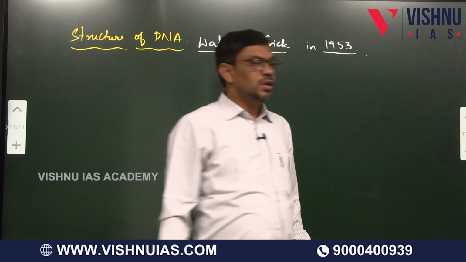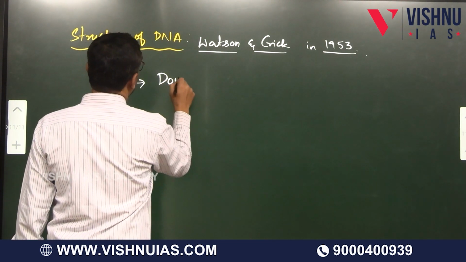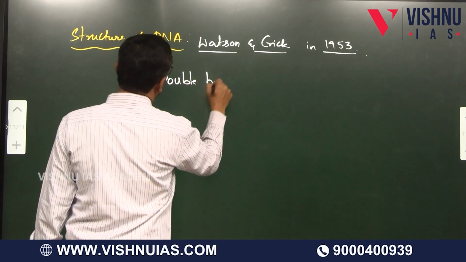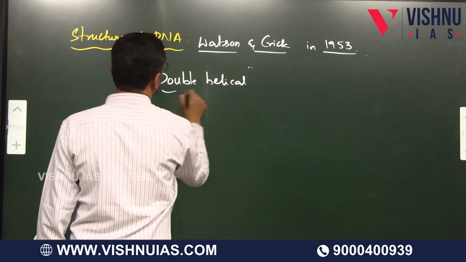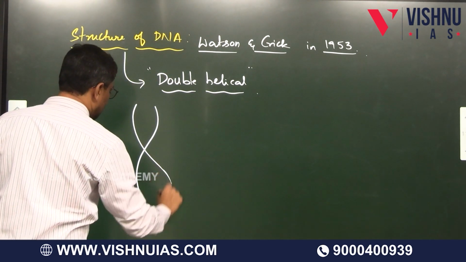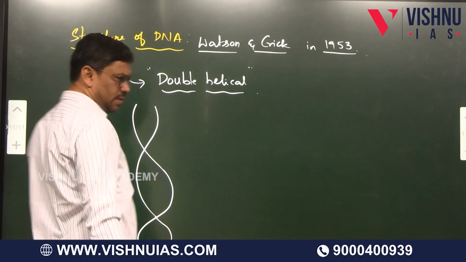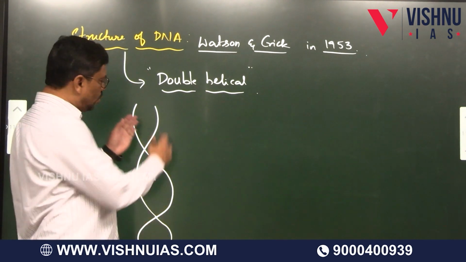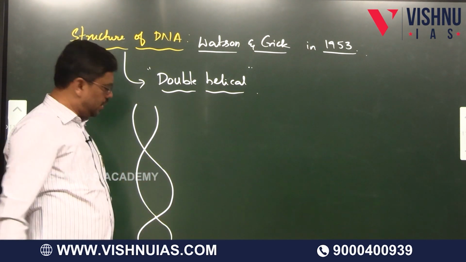According to them, the DNA structure is double helical. Double helical means it is made up of two polynucleotide strands. This is one polynucleotide, this is another polynucleotide.